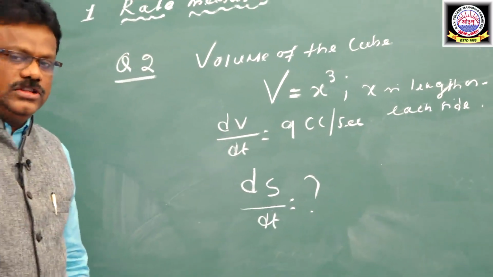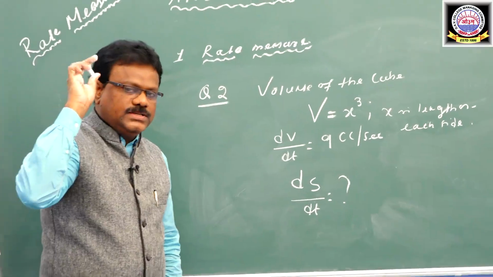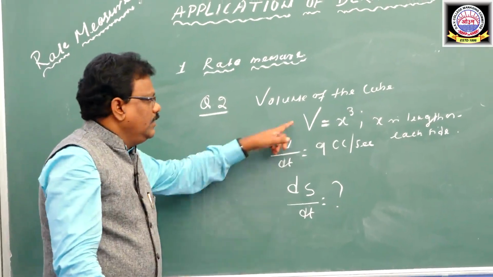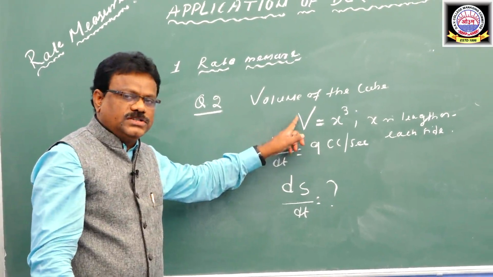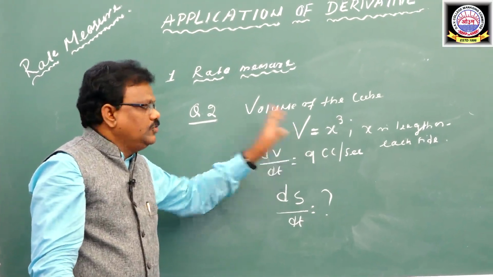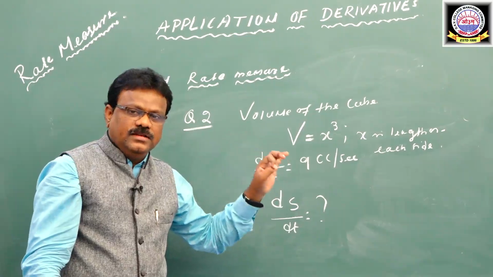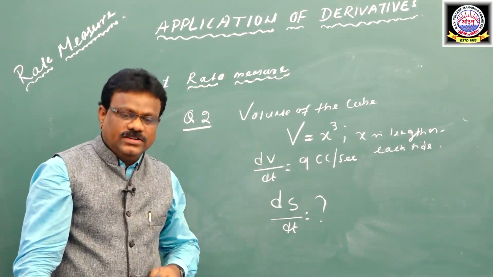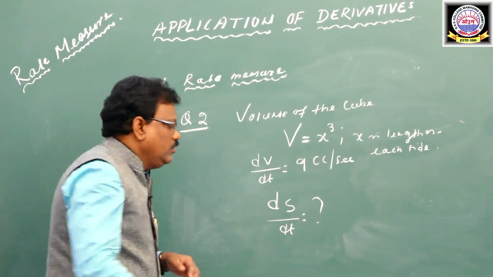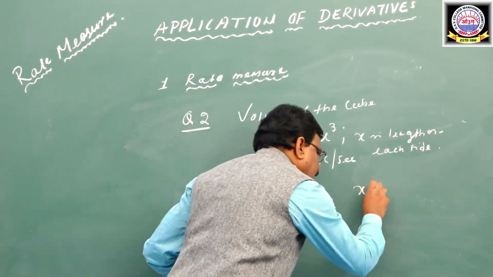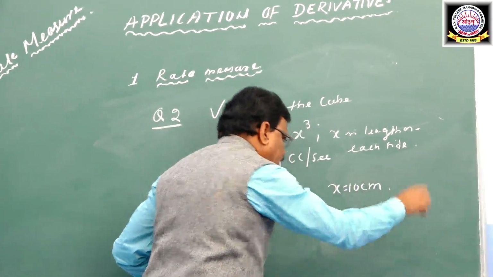Remember the algorithm I have given to you. First, find the name of the function. Name of the function is volume of the cube, V is equal to x cube, where x is each side of the cube, and the value of x is given here, x is equal to 10 centimeter, the instant value.